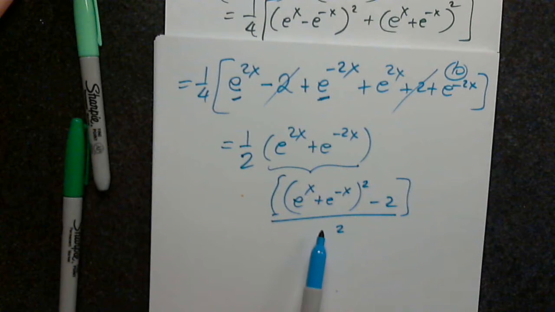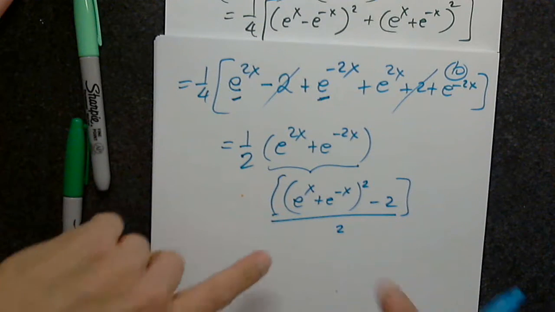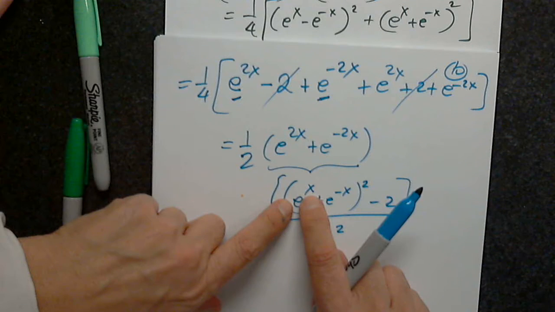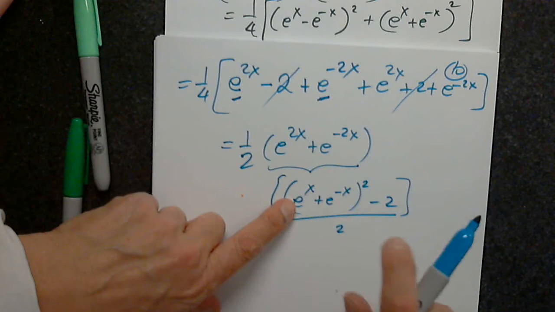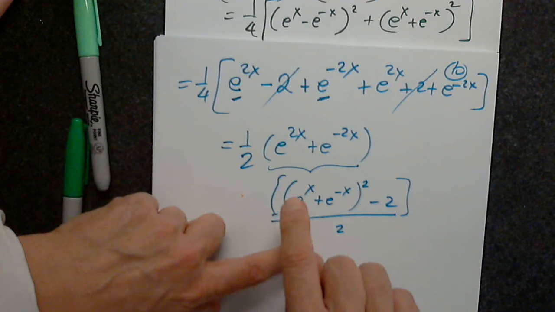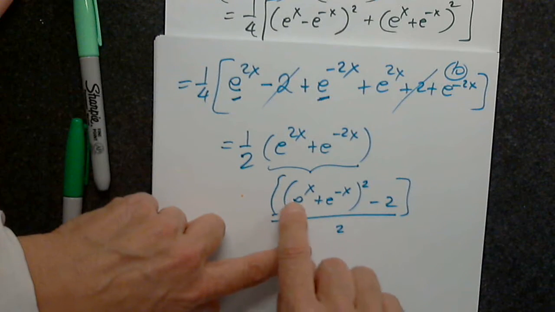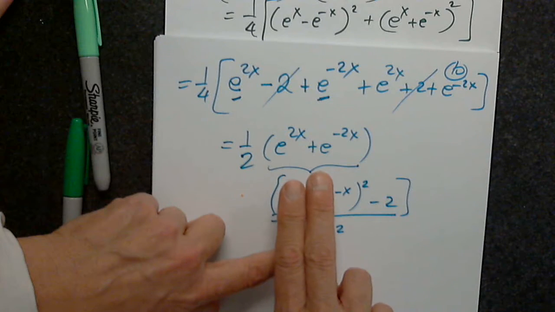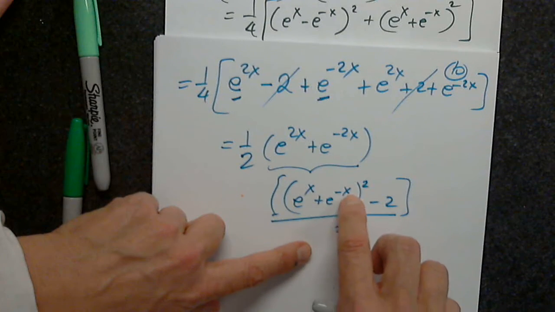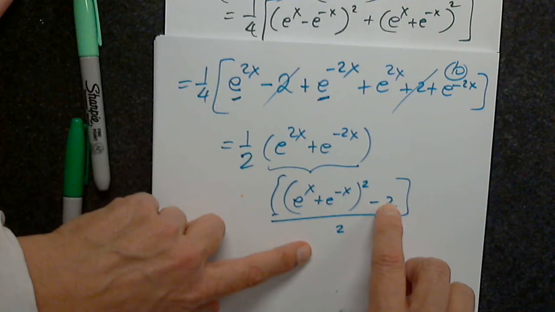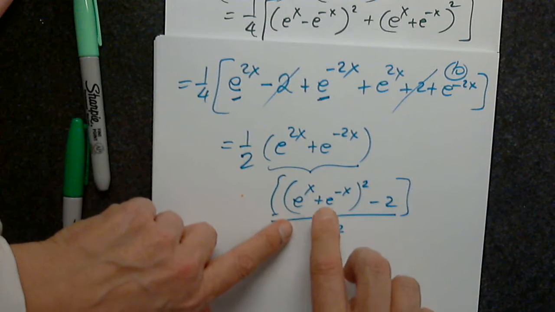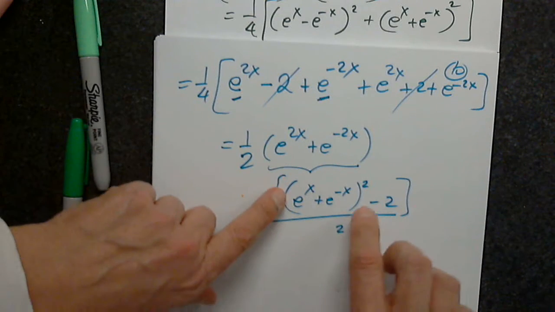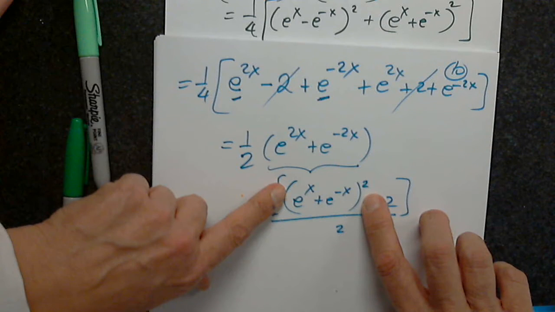I'm sorry, minus 2 comes again? Because when I square this, I will have e to 2x, e to negative 2x plus, no, I mean the minus. I'm sorry, go ahead. Yes, plus 2 times the first times the second, which will be the plus 2, and plus e to negative 2x, and minus 2. Right? Because I have to add and subtract 2 in order to be able to complete the square.